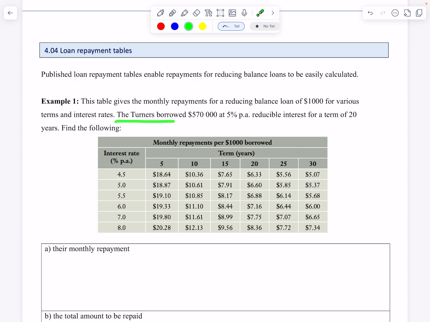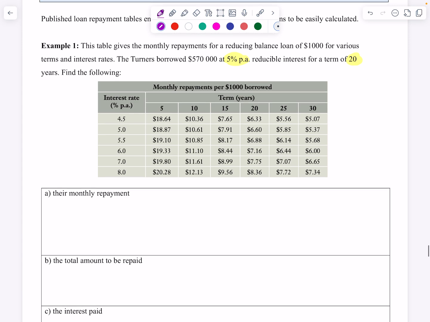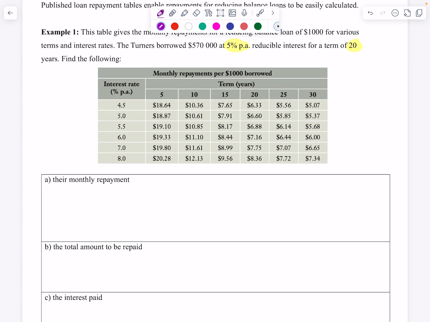So the Turners borrowed, instead of $1,000, $570,000 at 5% per annum reducible interest for a term of 20 years. Find the following. Find their monthly repayment.